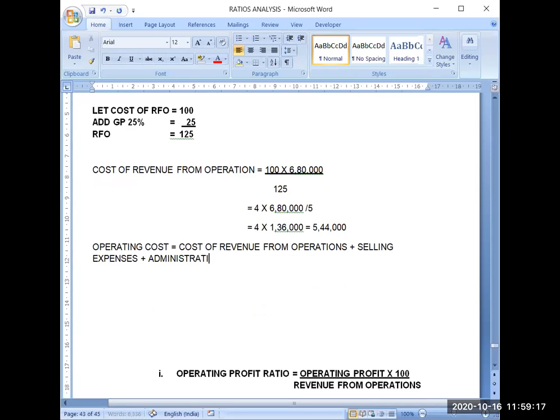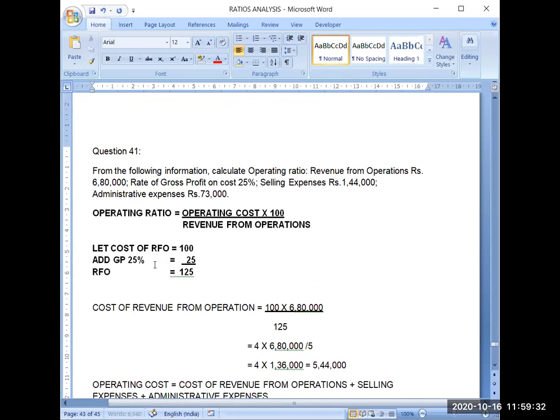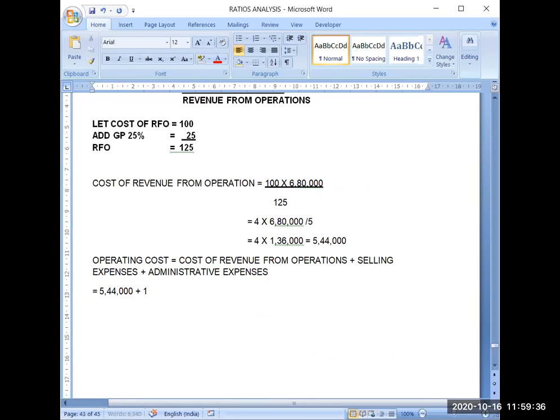Please always write the formula and speak it also. So our cost of revenue from operation is 5,44,000 plus selling expenses are 1,44,000 and administrative expenses 73,000.